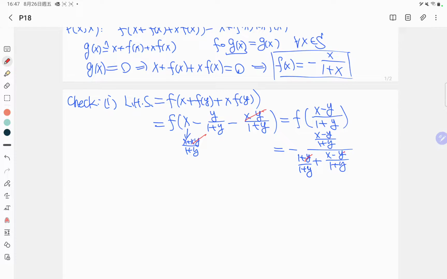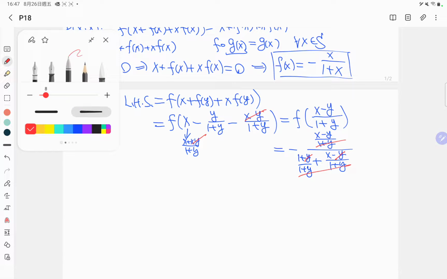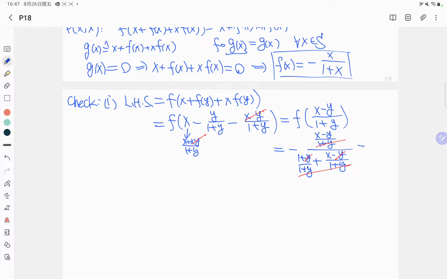This y can cancel with this y, and this 1 plus y can cancel with this 1 plus y. So it turns out to be (x minus y) over (1 plus x). This is the left-hand side, and for the right-hand side, it is y plus f of x plus y times f of x.